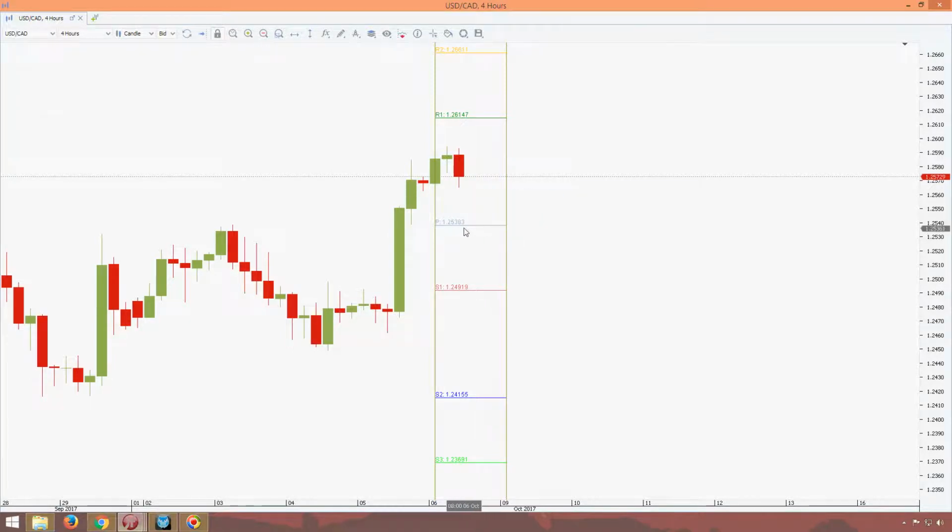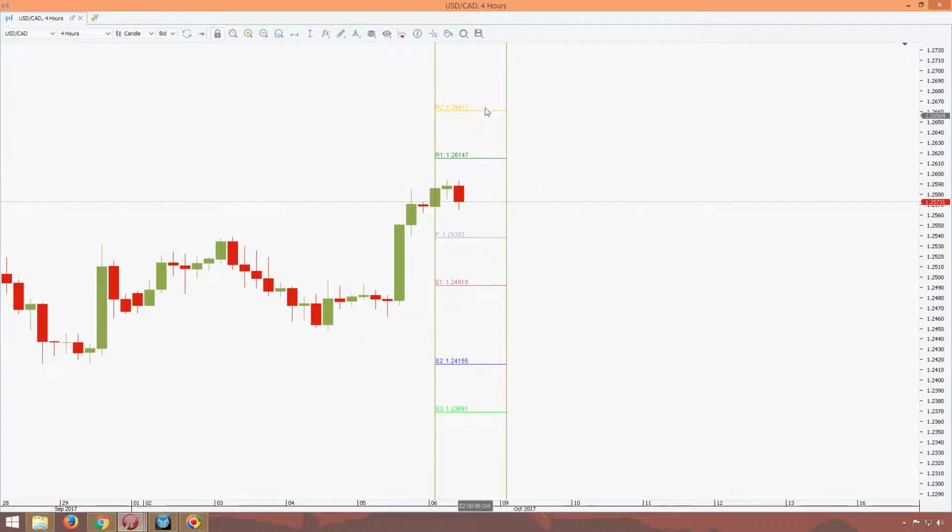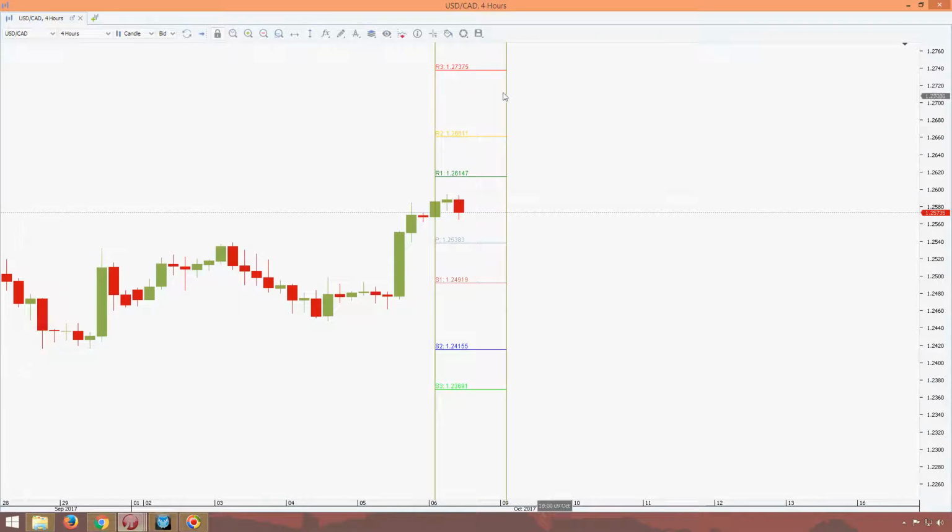If you were to be bearish, then everything above the pivot represents resistance. So you have the first layer of resistance, R1, which is 26.14, the second layer of resistance, R2, and even the third layer of resistance, R3. Below the pivot, you have 3 layers of support, S1, S2, and S3.